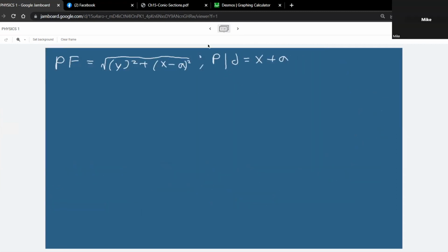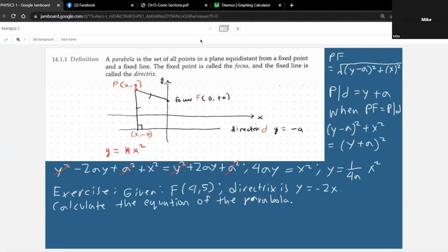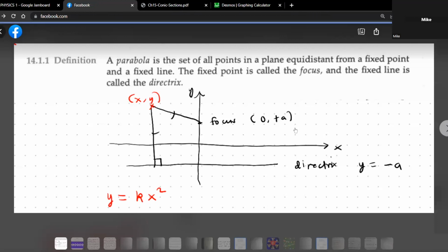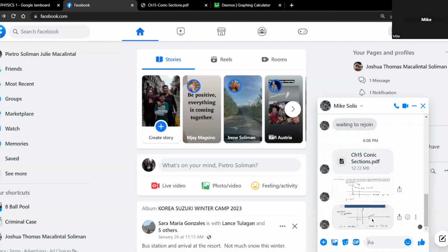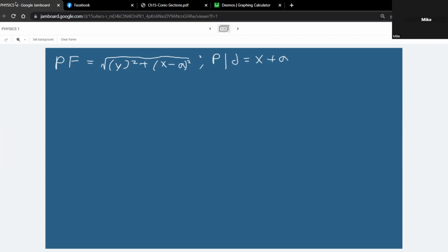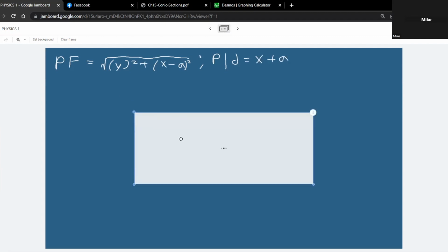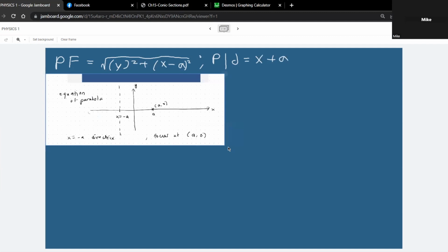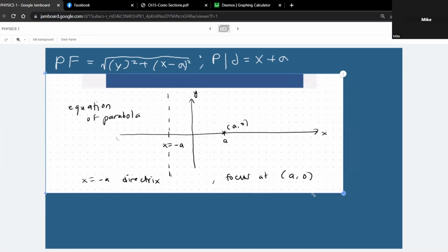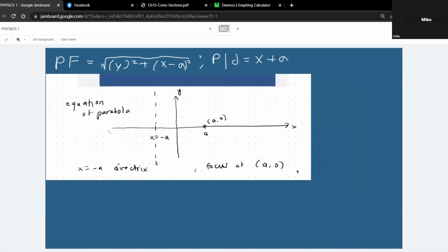Teka, check mo yung image na pinadala ko sa Messenger. Kasi ni-withdraw ko yung figure. Okay, parang walang difference po.